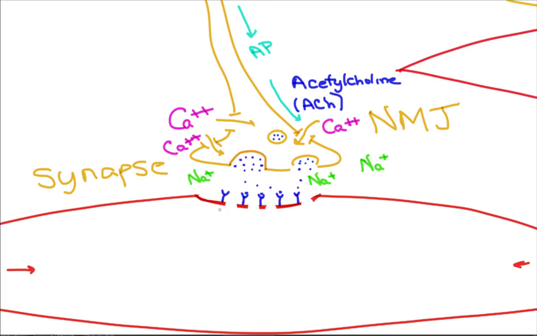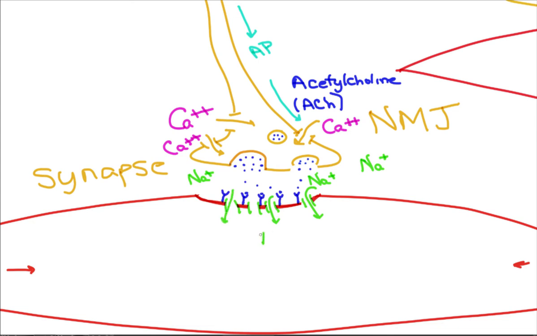And these are sodium gates. So those sodium gates are going to open up. What do you think will happen to sodium? It's at high concentration outside of the cell and low concentration inside of the cell. It's going to go down its gradient and enter the cell by facilitated diffusion.